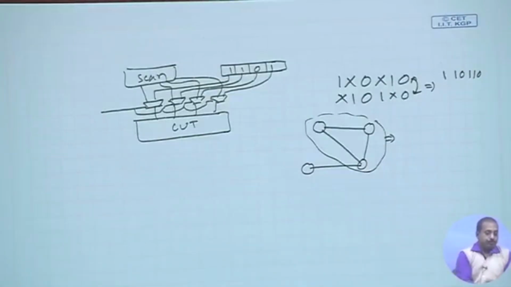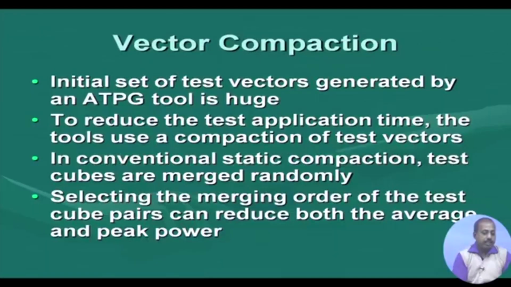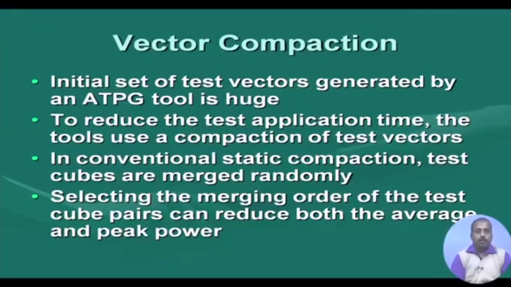In conventional static compaction techniques, these test cubes are merged randomly. It randomly selects these cliques, and then it merges those patterns. But the merging order of test cube pairs can reduce both the average and peak power. How?